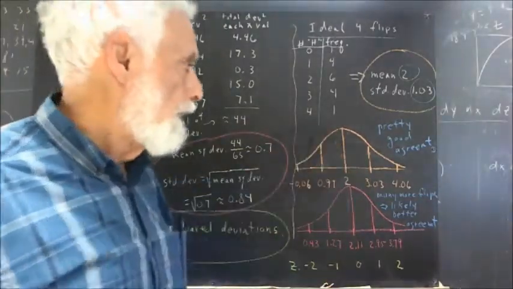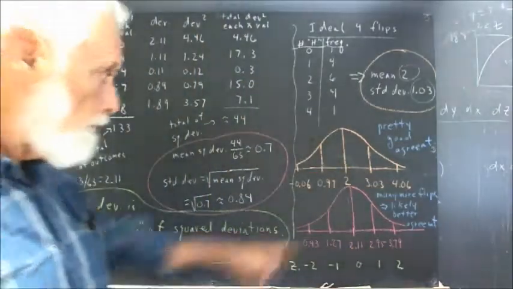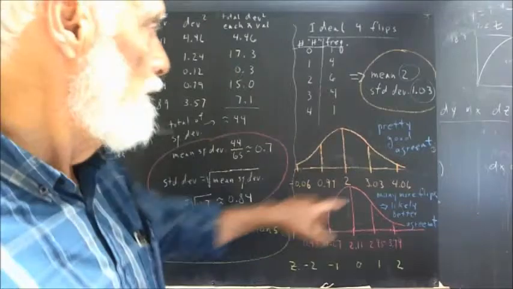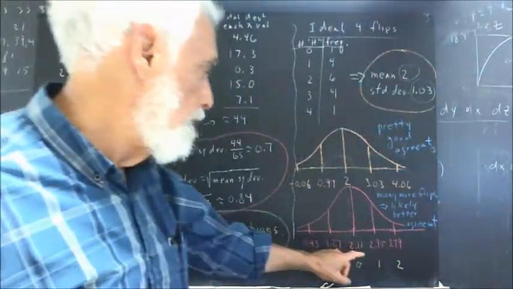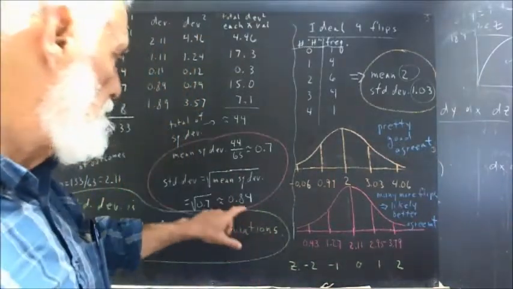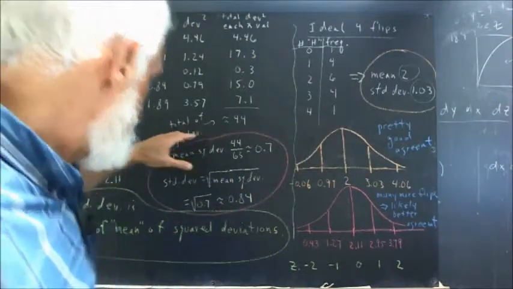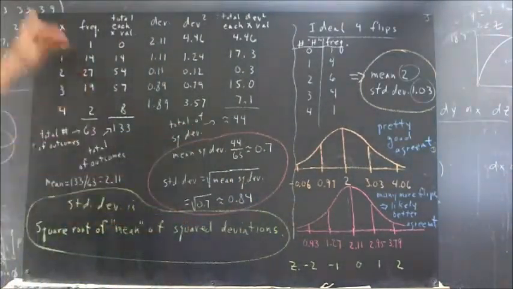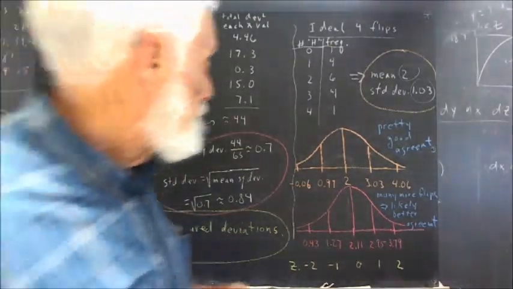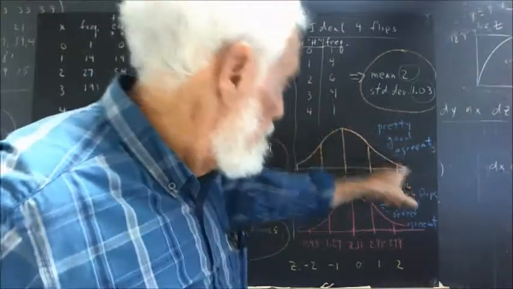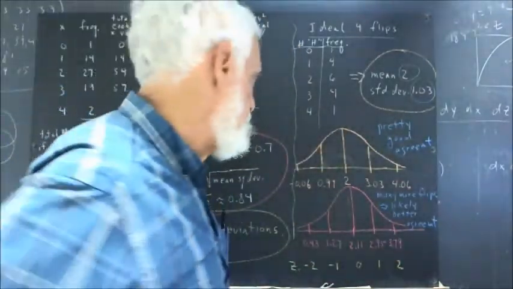Now, you weren't asked to do it, but I went ahead and constructed normal curves. One with a mean of 2 and a standard deviation of 1.03 corresponding to the ideal. Another with a mean of 2.11 and a standard deviation of 0.84 corresponding to the simulated distribution that we obtained just using a randomizer. Now these curves should have equal areas underneath them, and it's plausible that they do.